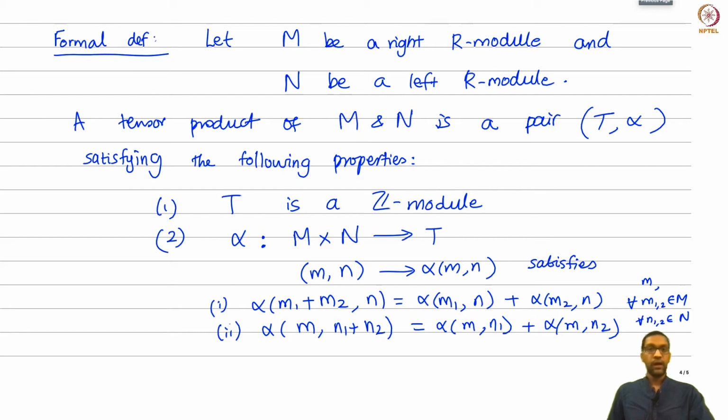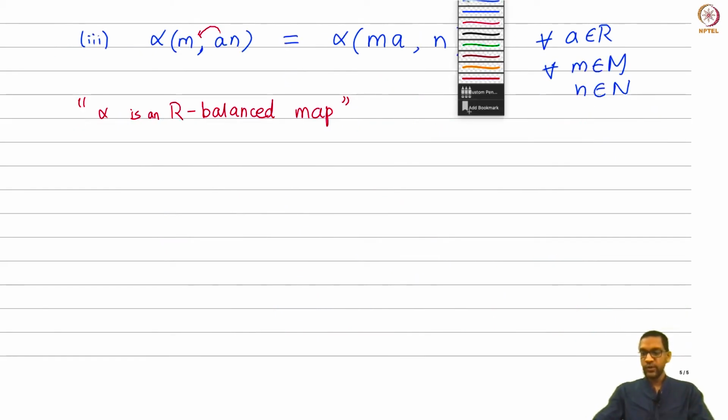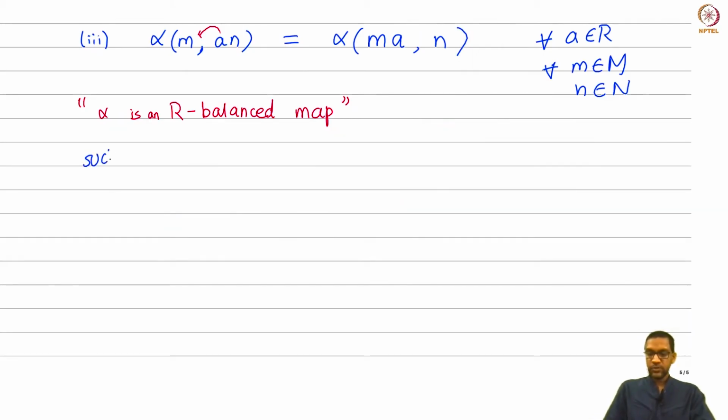T is a Z module, alpha is an R balanced map from M cross N to T, such that satisfying a certain universal property. So this R balanced is what replaces just bilinearity. When R was Z, we only required alpha to be bilinear, when you take an arbitrary R module, arbitrary ring R, then we also require alpha to satisfy this third property.